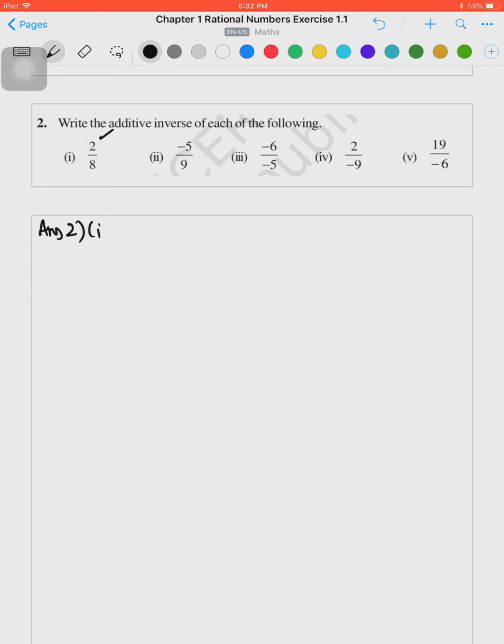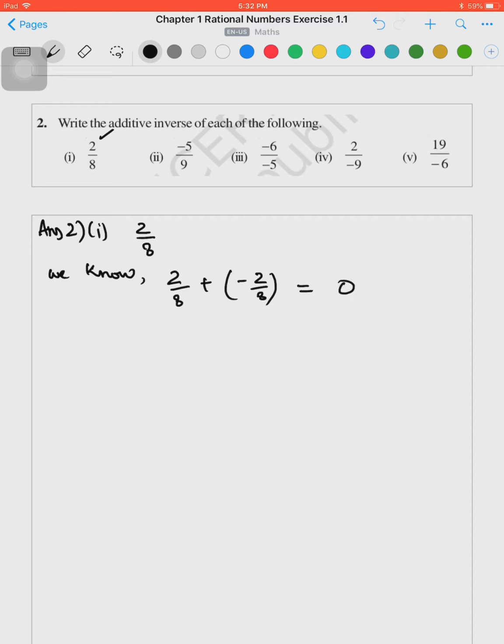Question 2, part 1, we have 2 by 8 and we are asked to find its additive inverse. We know 2 by 8, and if you add the negative of 2 by 8, that is minus 2 by 8, we have the original number 2 by 8 and we are adding the negative of this number. So when you add the negative of any number to the original number, the result will always be equal to 0.